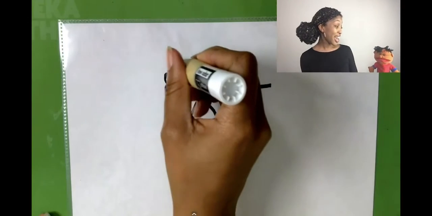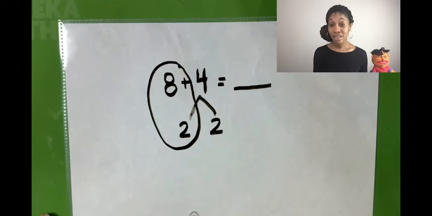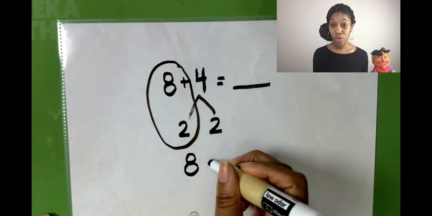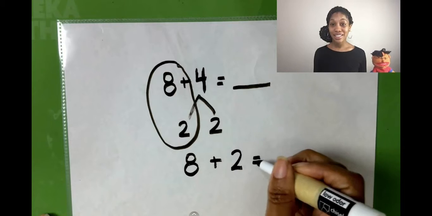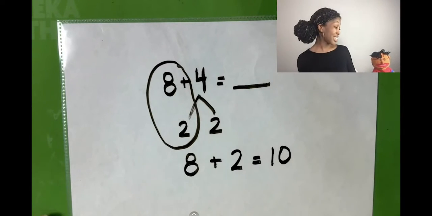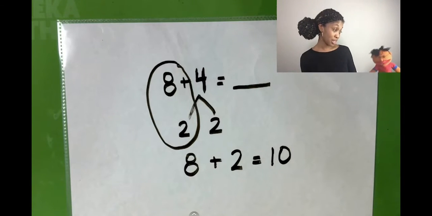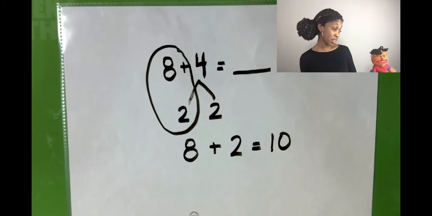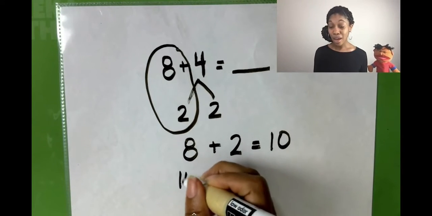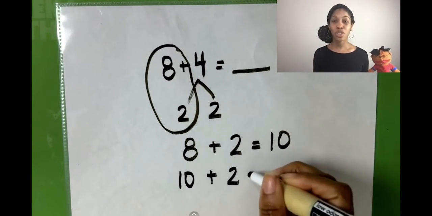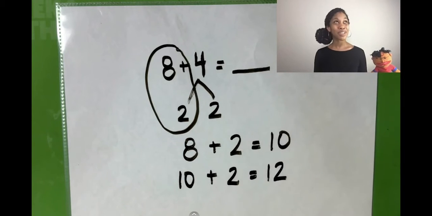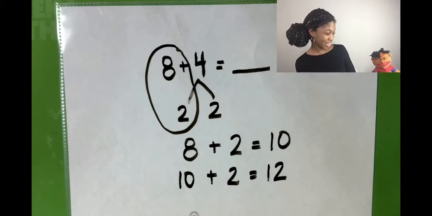So you added 8 and 2 together. A number sentence could be 8 plus 2 equals 10. So now we have 1 10 and 2 extra ones, and you added those together. So 10 plus 2 equals 12. Did I explain that correctly, Daniel?